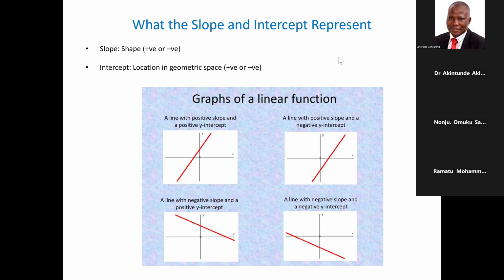Look at the three scenarios. A line with a positive slope and a positive intercept. Can you see the slope going from left to right upward? Then the intercept. Can you see where the graph crosses the axis is on the positive?